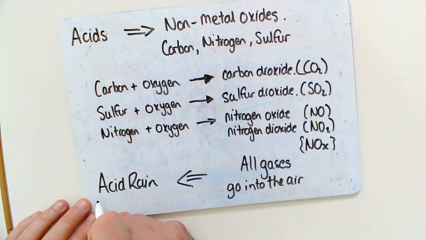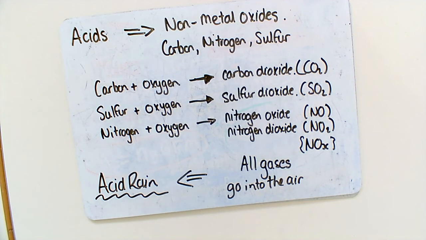Acid rain is really bad because when acid falls down from the sky, it's going to react. It can react with buildings, it can react with soil. It'll make anything that acid falls into more acidic as well. So acid rain is a big issue in rivers and lakes and in the seas.